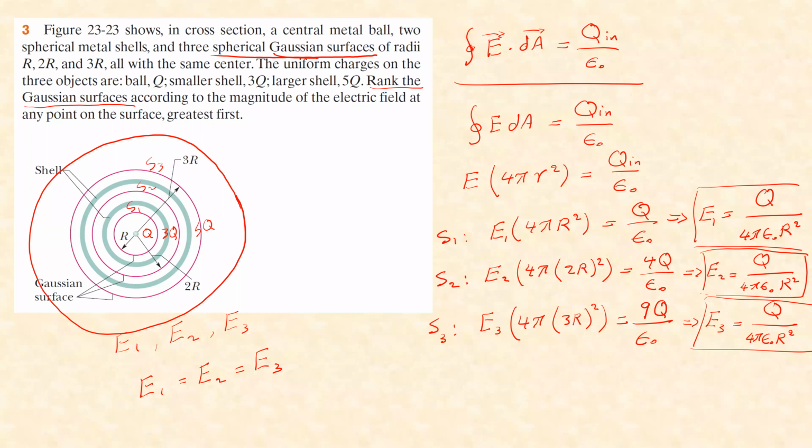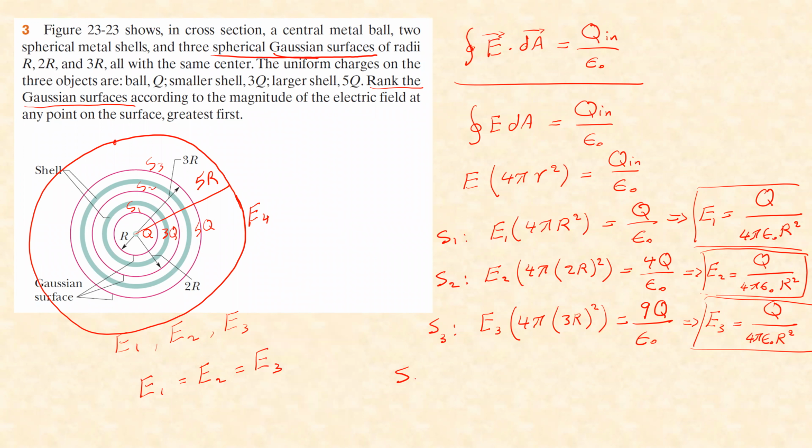What if there was another surface here with the radius of 5r? What would be the electric field at the surface of this one? Let's call it E4, right?